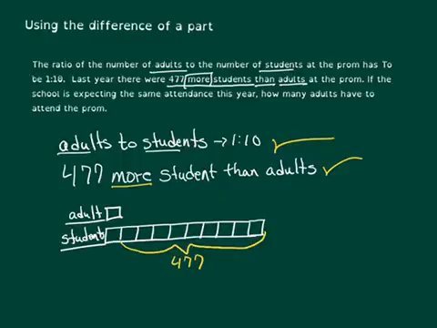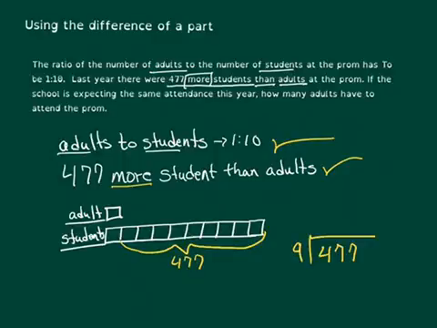Now, I know that the difference, which are going to be these 9 cubes, or 9 sections, have to represent the 477, and they have to be equal divisions. So I'm going to take 477, and I'm going to divide it by the 9 equal divisions.